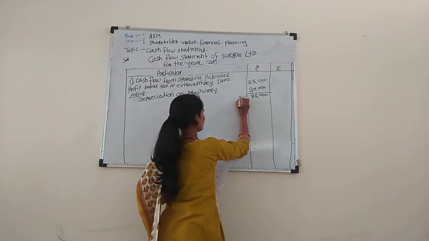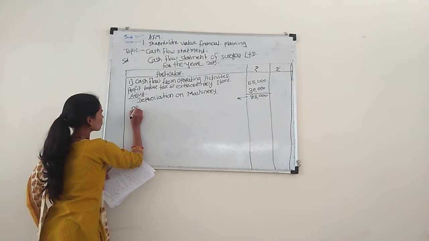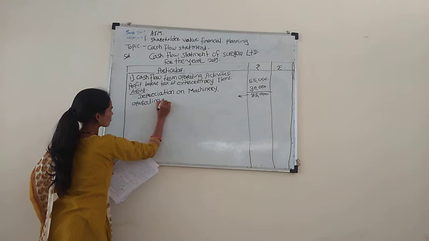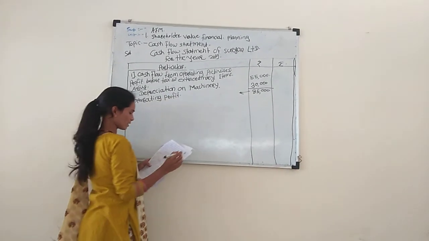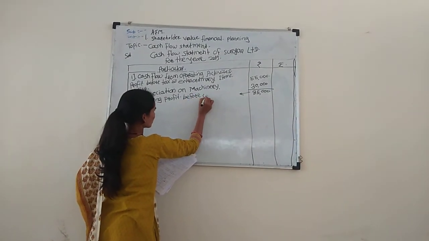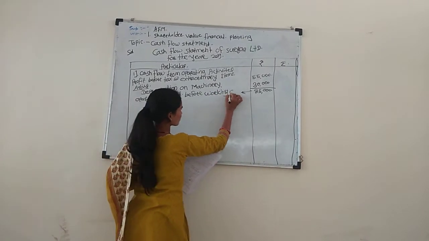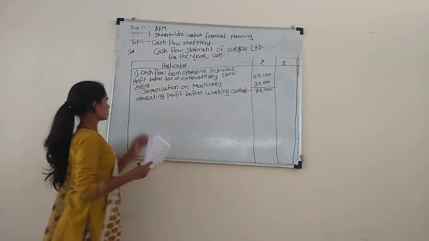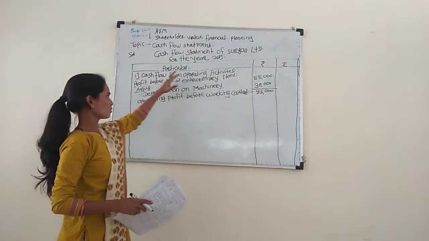This is called operating profit before working capital, which means cash flow from operating activity.